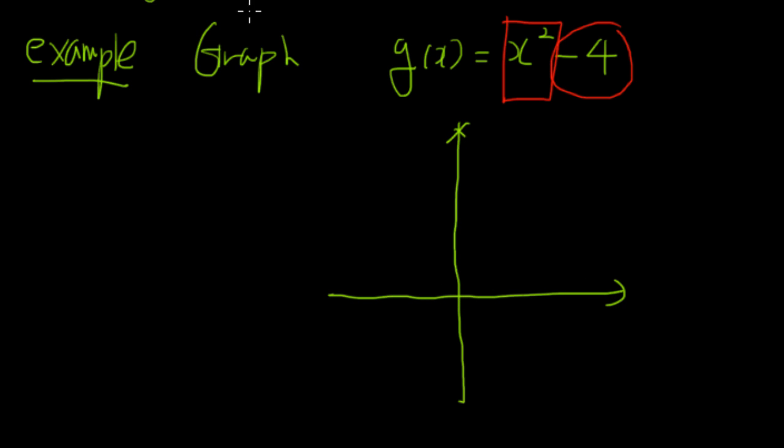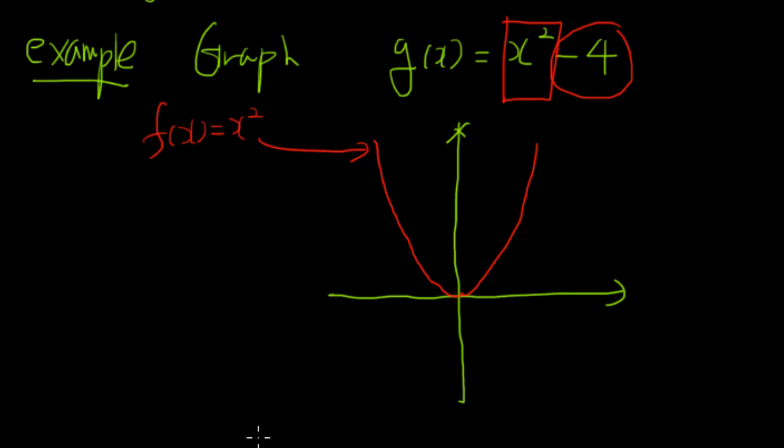Let's see. The original function, let's say f of x, was x squared. This function, f of x. Now, our g of x, the function that we are trying to graph, will bring this down by 4 units.